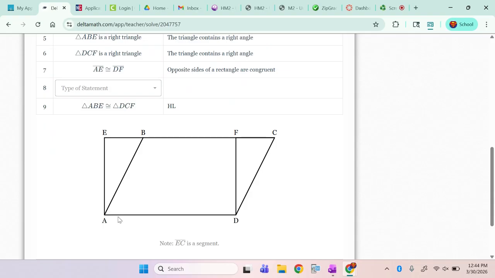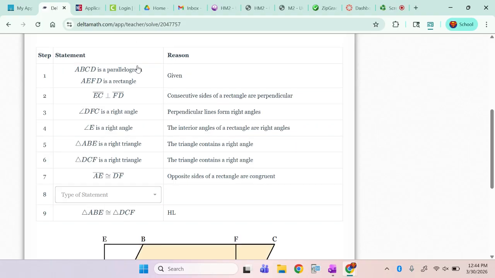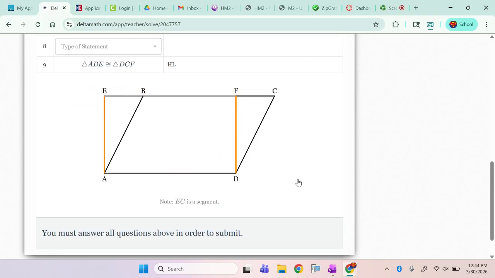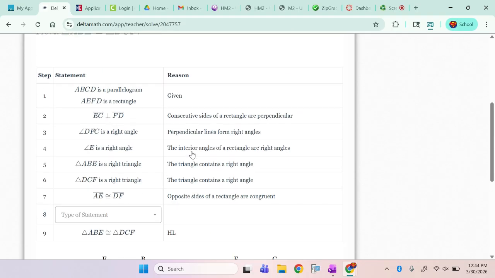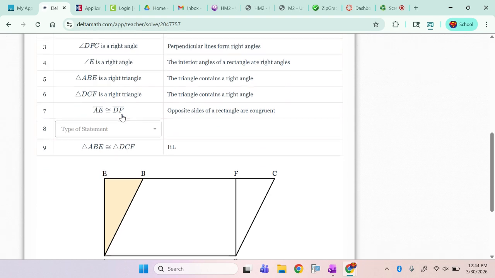So we know that this shape right here is a parallelogram. All right, so ABCD, this shape right here is a parallelogram, and AEFD is a rectangle, meaning all their properties apply, since we know that they are those shapes. They then say that EC is perpendicular to FD.